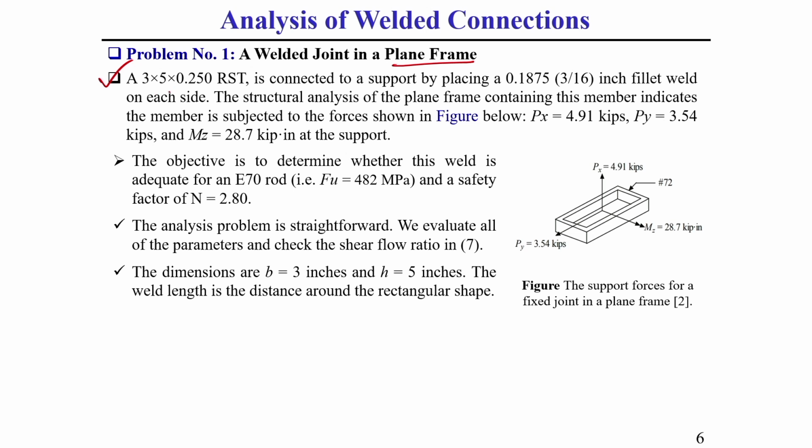A 3 cross 5 cross 0.25 rectangular structure, all in inches, is connected to a support by placing a 0.1875, or 3 by 16 inch, fillet weld.